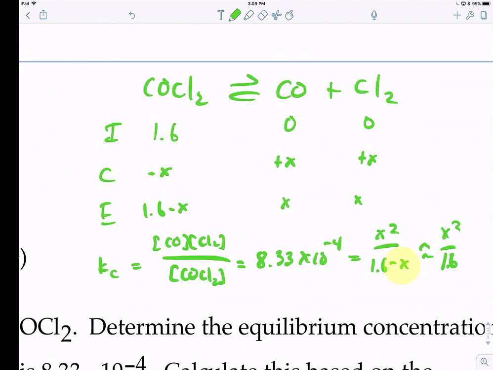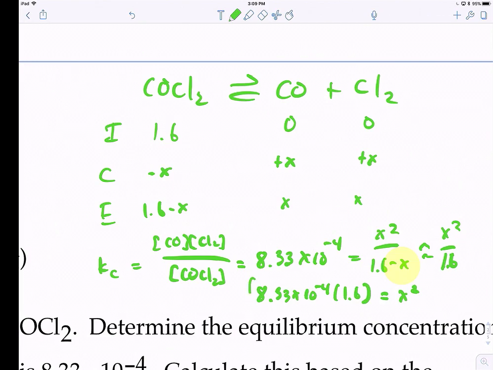So we get 8.33 times 10 to the minus 4 is approximately x squared over 1.6. So multiply both sides by 1.6, and this equals x squared.